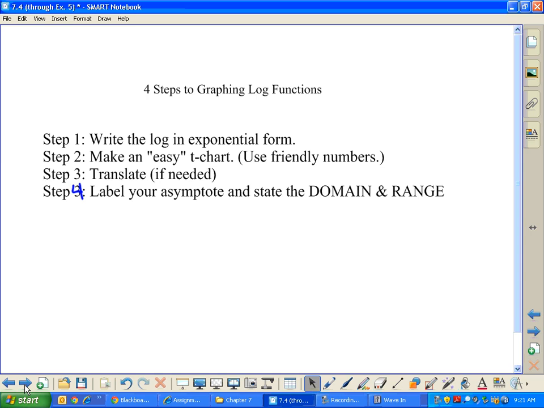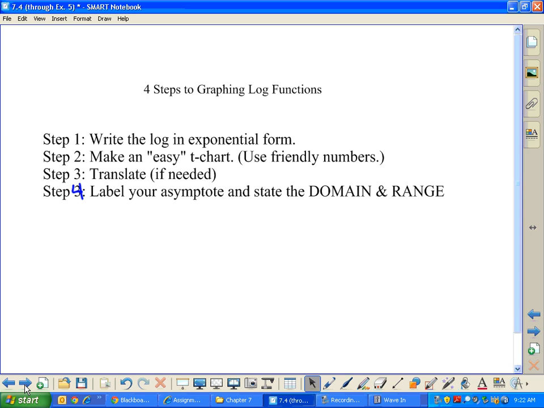Step 2, you're going to make a little t-chart for yourself. You then connect the dots to make a graph. And then you take that graph and you translate it if you have to. If there's an h and a k value, you have to move it.